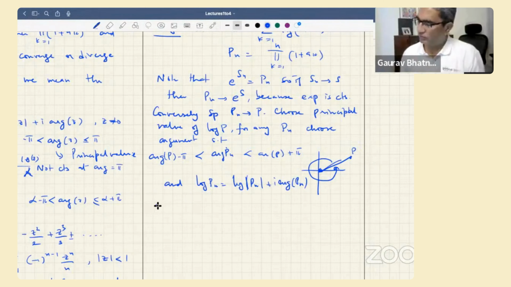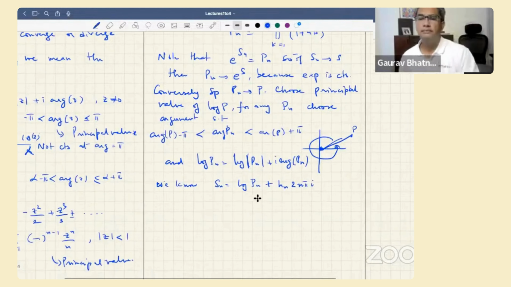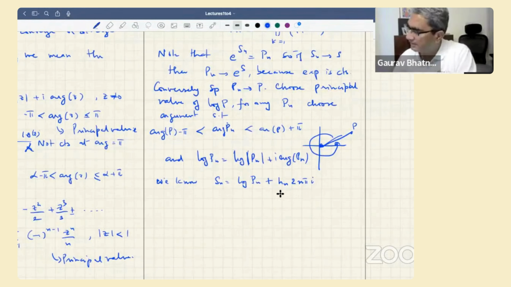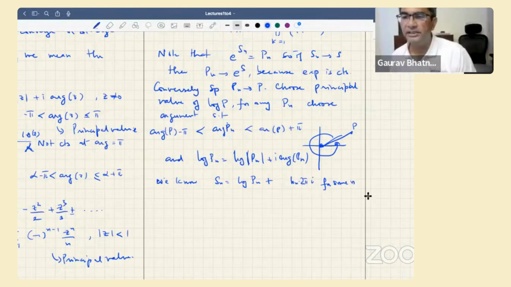So what do we know? S_n and log P_n are the same up to an integer multiple of 2 pi i: S_n is log P_n plus h_n times 2 pi i. This is fine, since log of A plus log of B agrees up to such a term.